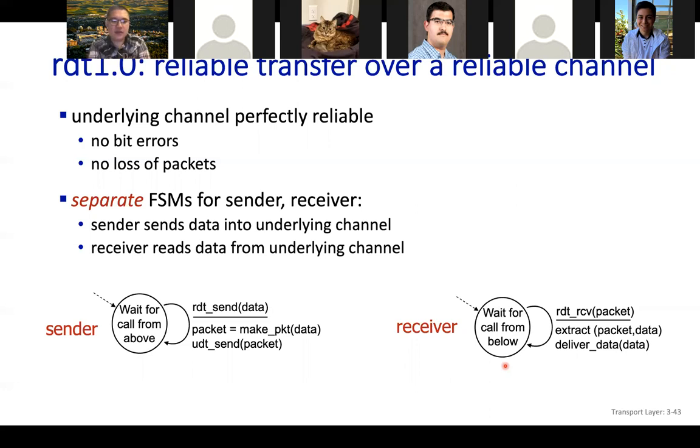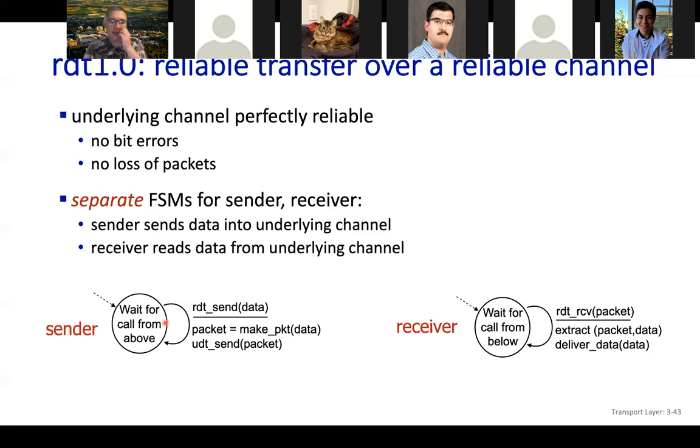Is that clear here? For the different sides, there is no communication so far. Different sides just have different states and different trigger conditions. The sender side waits for a call from above, and the condition that triggers its state change is just to send the data.